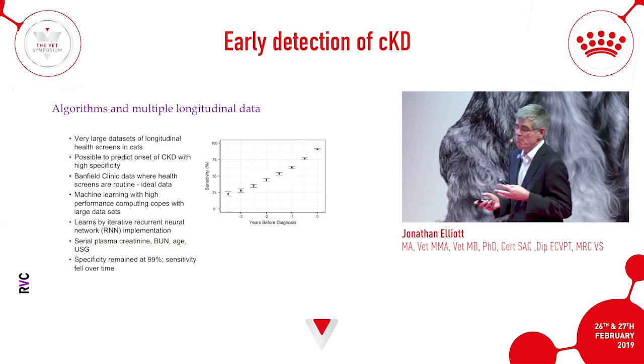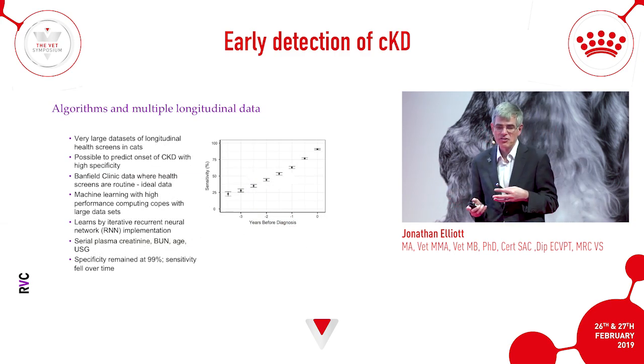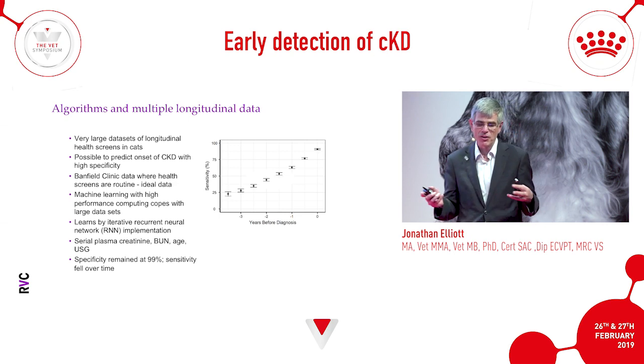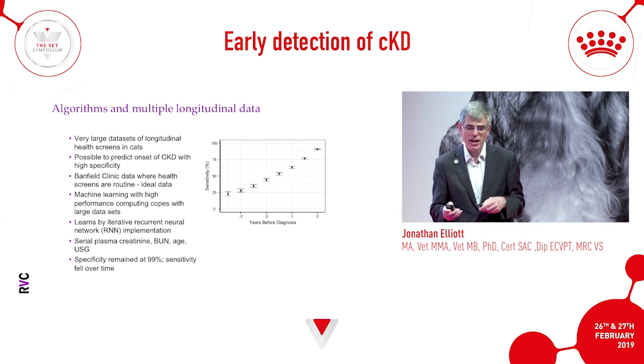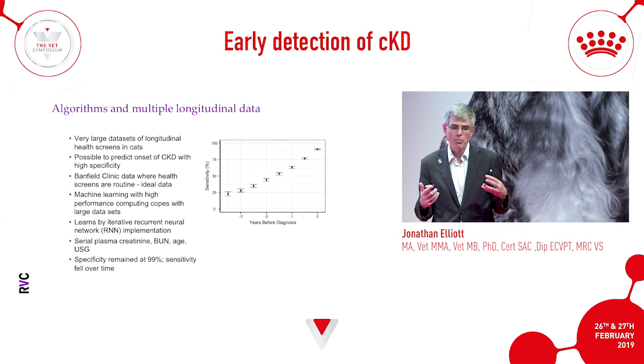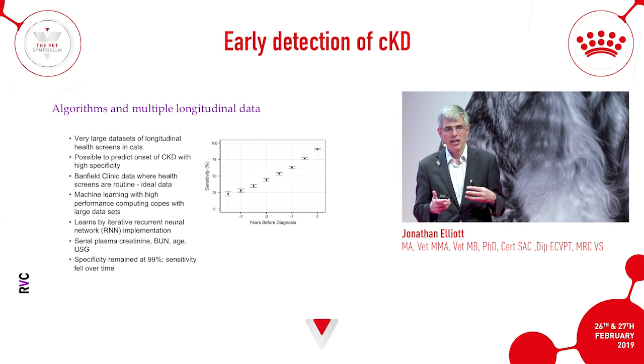Well, one of the studies that is under review at the moment that has come out of work from Waltham and Royal Canin is to develop an algorithm using multiple longitudinal data from cats that are screened routinely using our health screens.